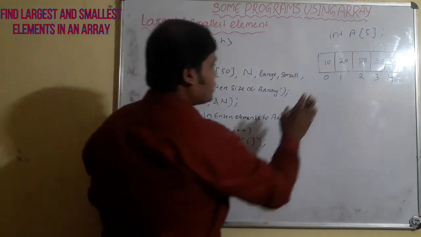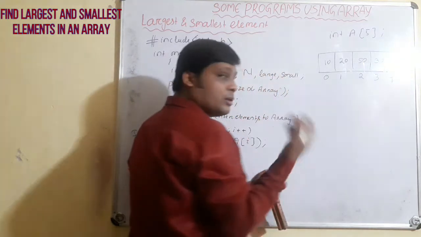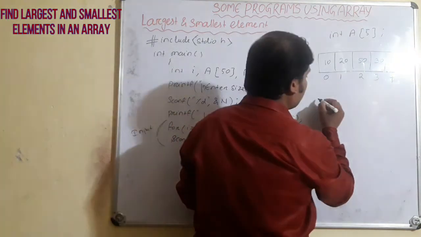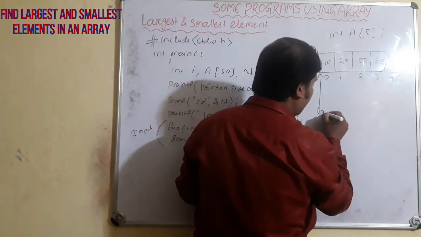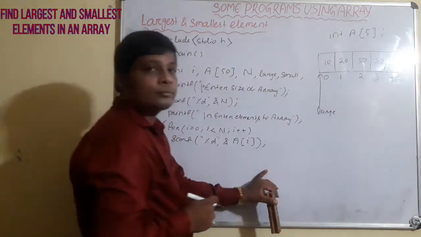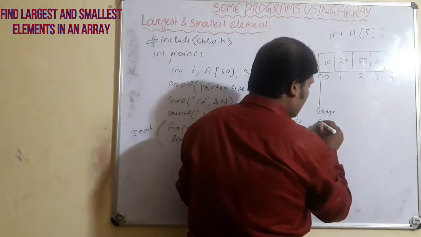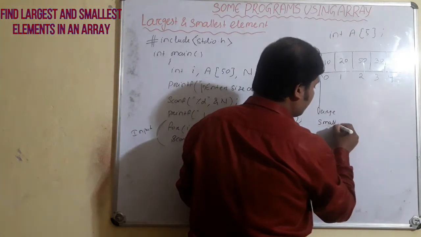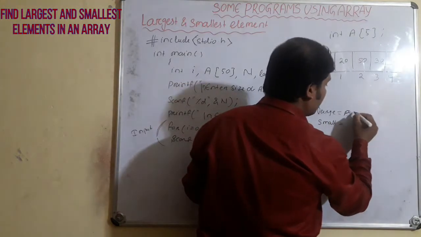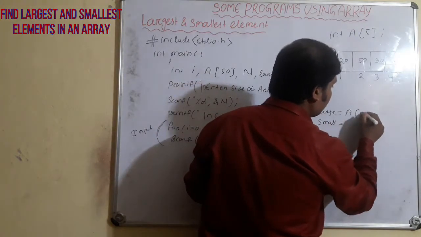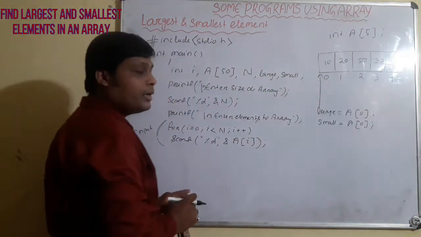Okay. Now see, to find the largest element in an array, what is the logic? Suppose I am taking the first element as largest. Here I have taken the variable large, and the same first element as smallest, that is a[0]. Clear?